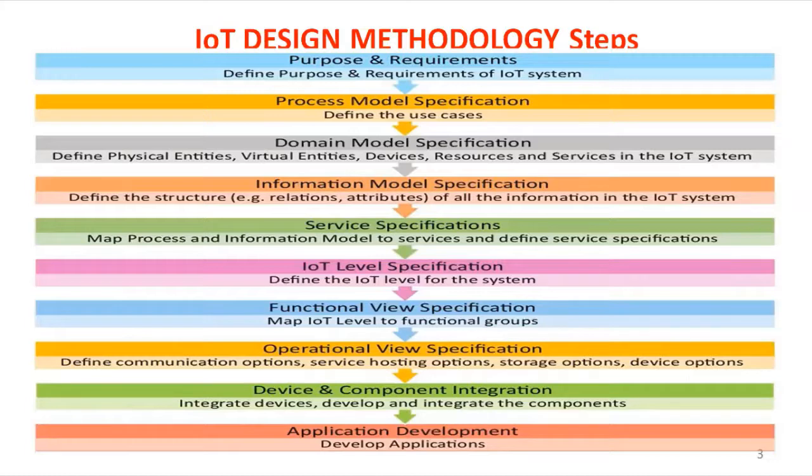What is the operational view specification? The very important one, it defines the communication options, the service hosting options, the storage options, and the device options, all represented in one place. That is the operational view specification, a very important component.